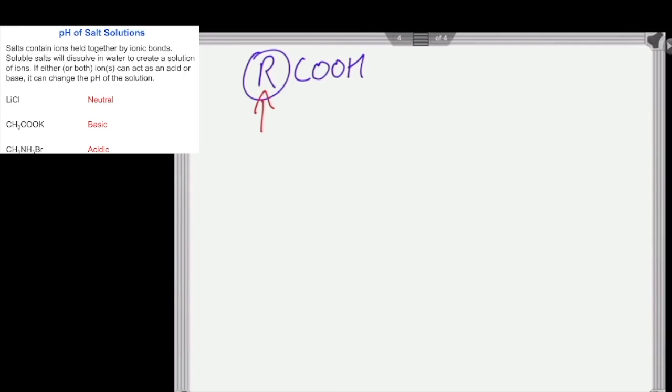Organic chemists are lazy and they like to use abbreviations. R is a shorthand way to say anything else, usually carbon, but it's anything. It is a generic thing, right? So if I have any molecule with this part, what we're trying to do is emphasize this part of it. These are called carboxylic acids.